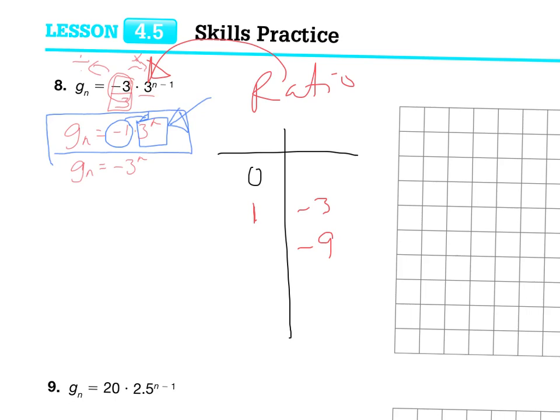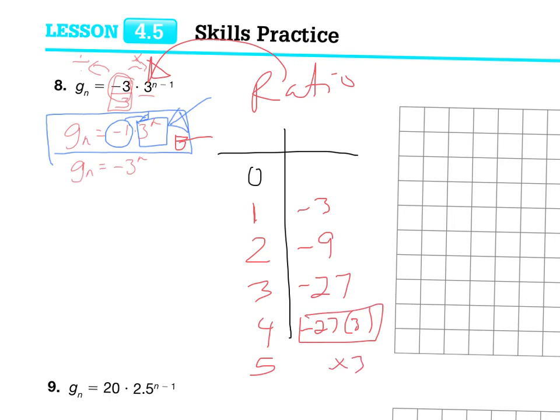And then multiplying that by 3, and so on and so forth. So it looks like they're all going to stay negative. I might have made a small mistake on this idea. So whatever comes out will be negative. So then the next one will be 27 times 3. And then the next one, so this will be the second term. This is the third, fourth. The fifth one is this number times 3, and so on and so forth.